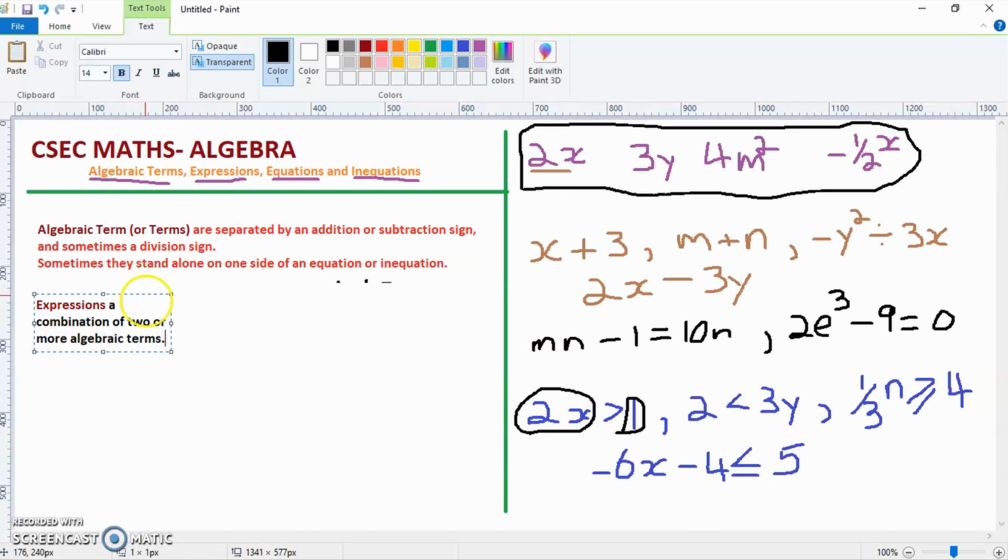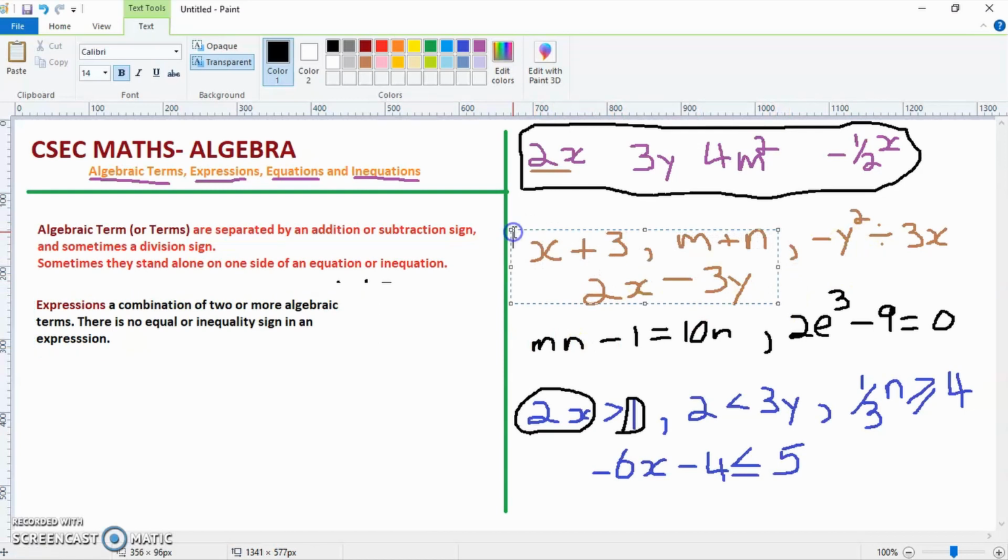There is no equal or inequality sign in an expression. So for example, all these here are expressions: x plus 3, m plus n, negative y squared divided by 3x, 2x minus 3y. All these are expressions.